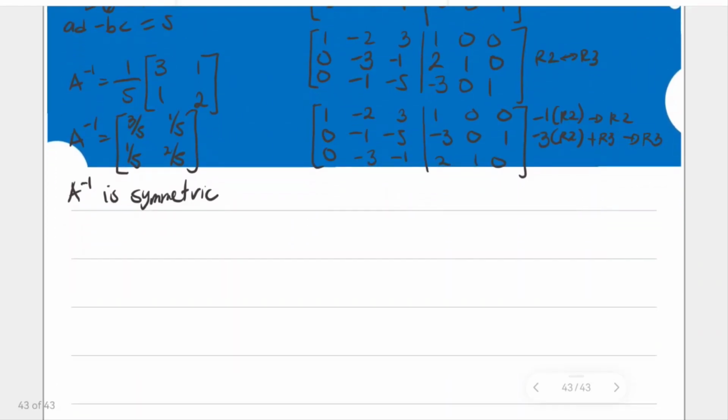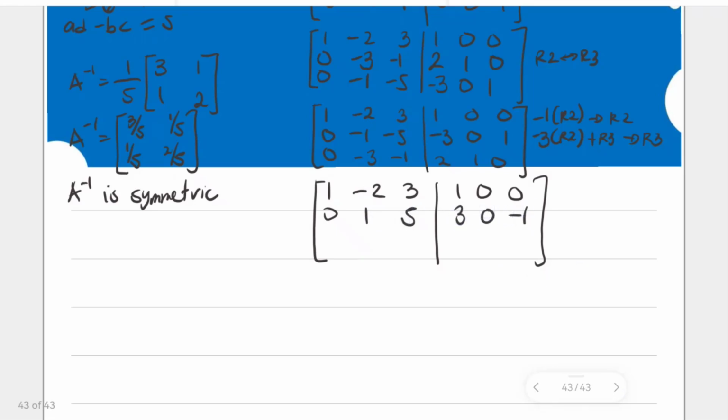So we have 1, negative 2, 3, still 1, 0, 0, then 0, 1, positive 5, positive 3, 0, negative 1. And then we will apply negative 3 here. It's a 0, so positive 3, positive 3.